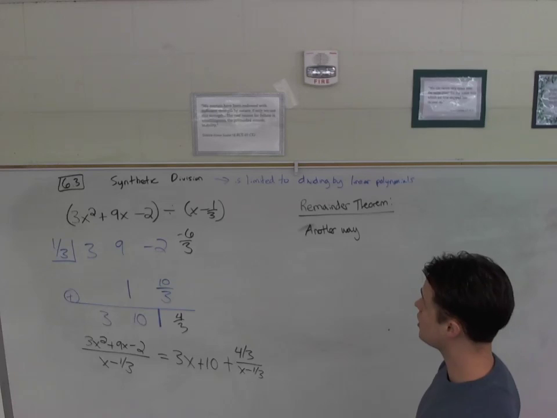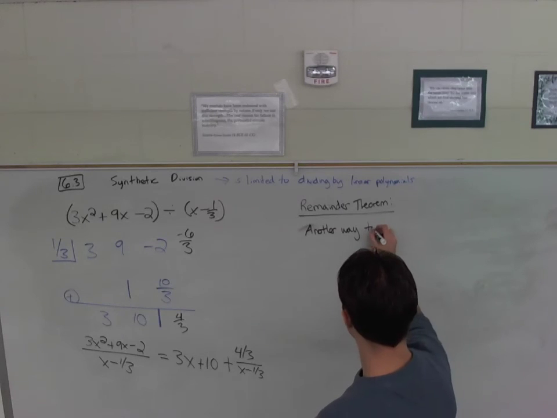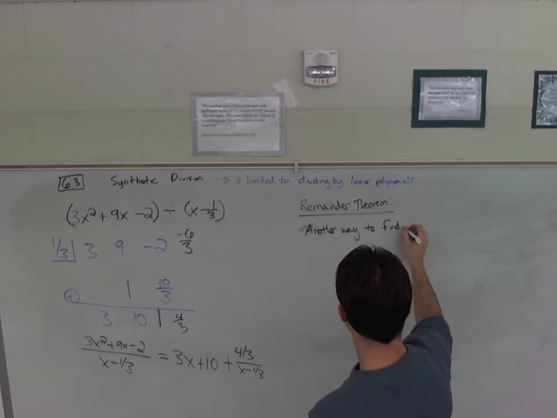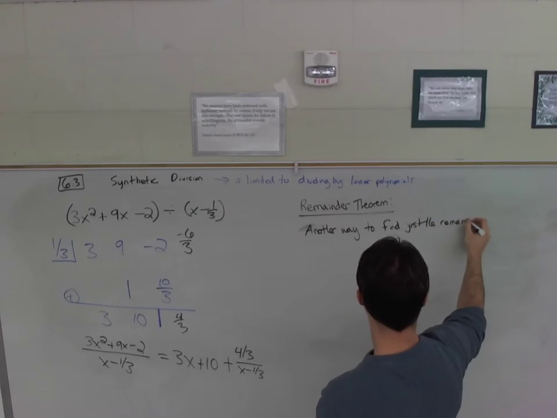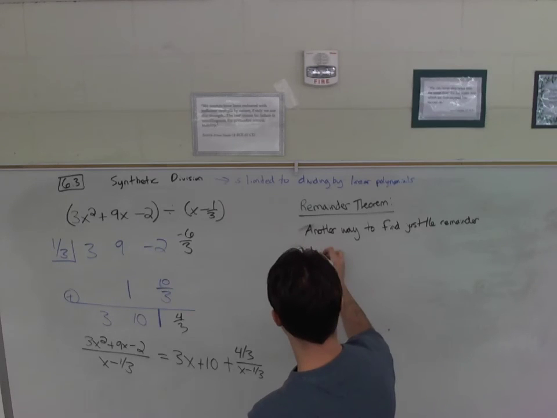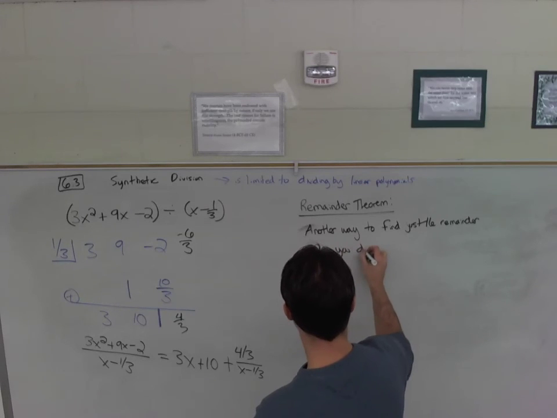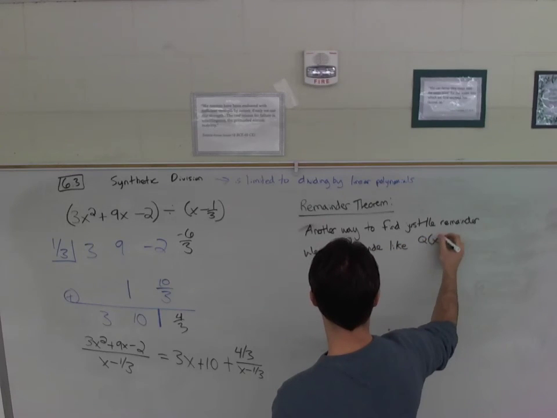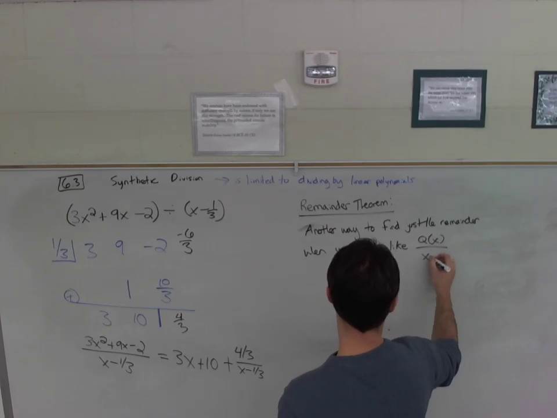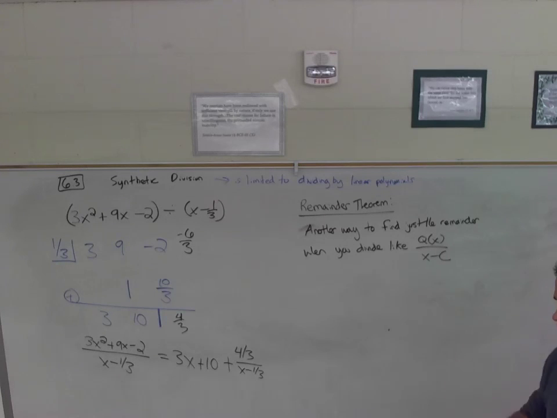Okay, so another way to find just the remainder when you divide. Something like that, isn't that what we've been doing? We've been taking some polynomial, maybe I should call it P, P for polynomial, and you divide it by a linear term.